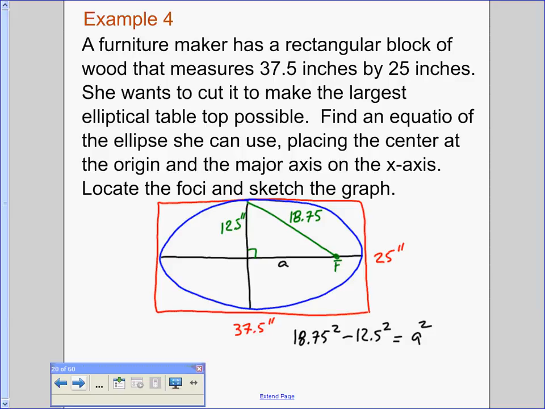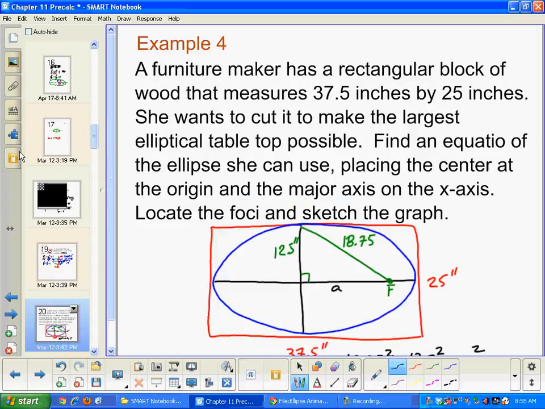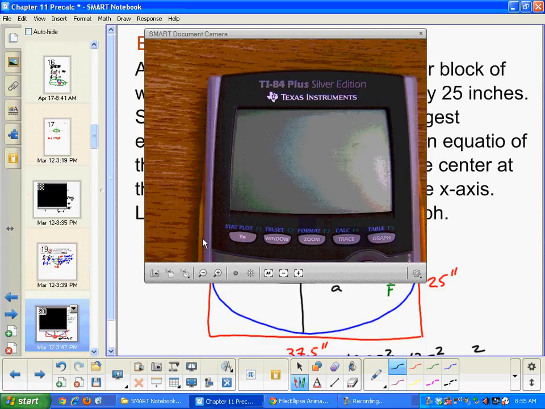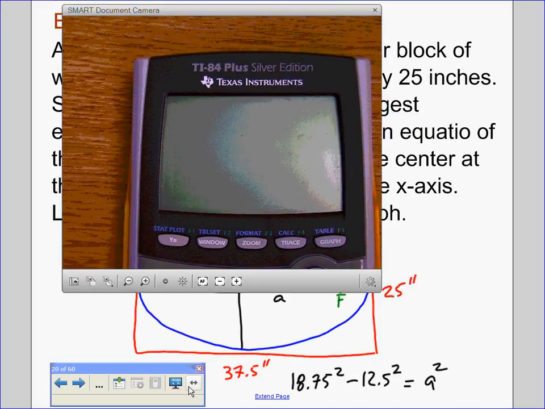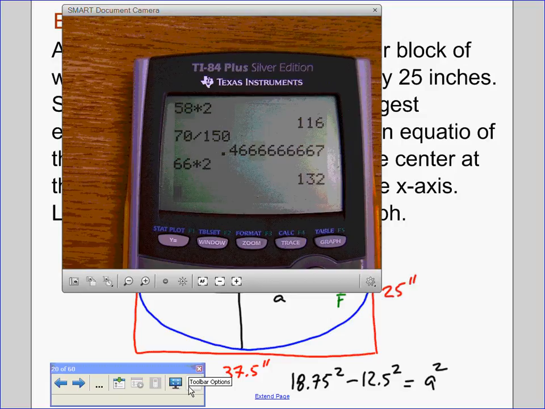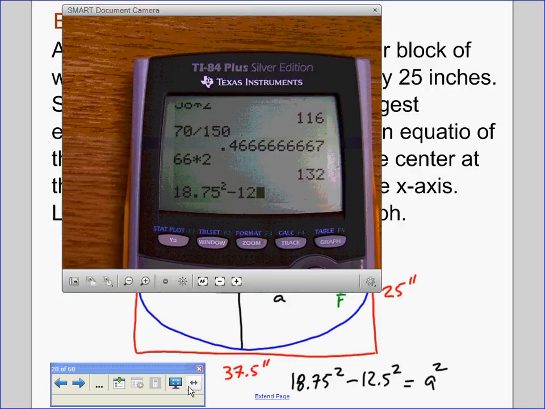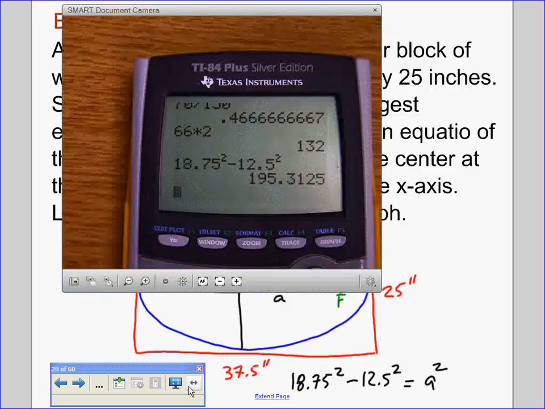Let's see what we end up with. Use a calculator real quick to work on that. 18.75 squared minus the 12.5 squared, and that's 195.3125.